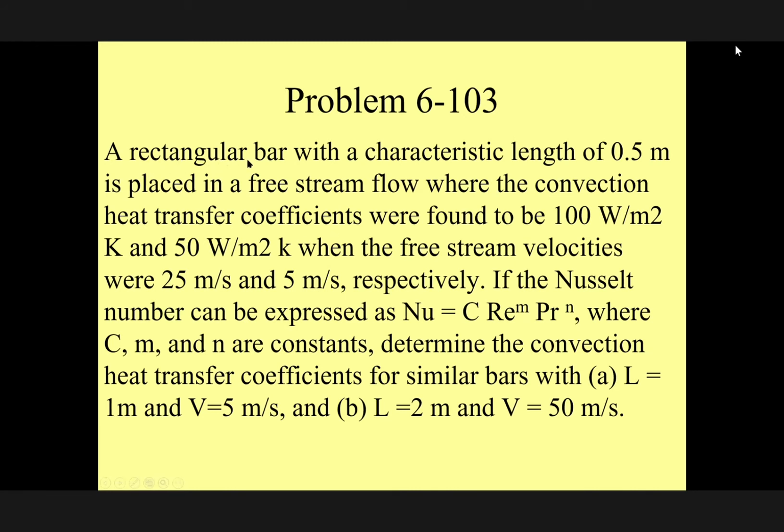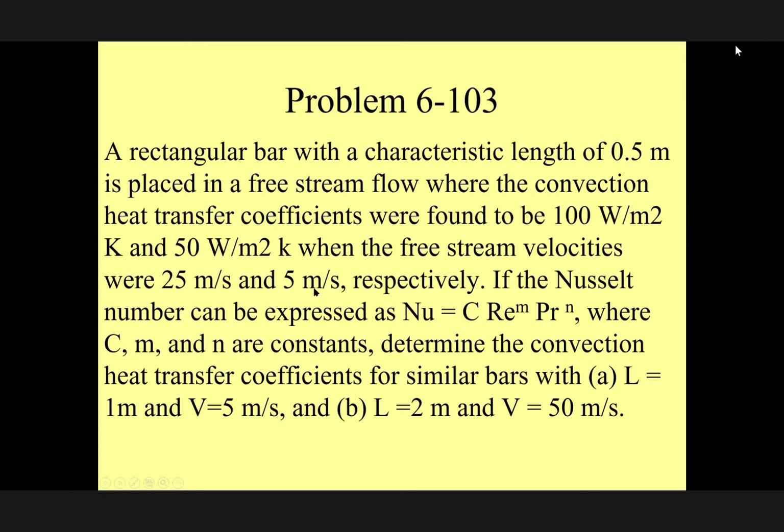Now, a rectangular bar with a characteristic length of 0.5, dimension given, is placed in a free stream where the convective heat transfer coefficient is 100 watts per square meter kelvin when the free stream velocity is 25.